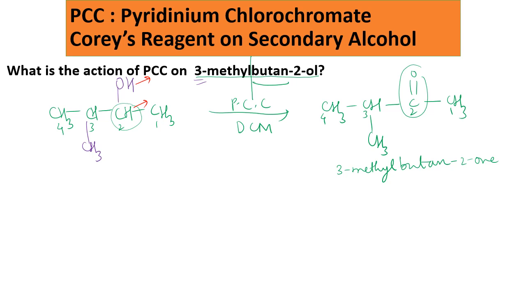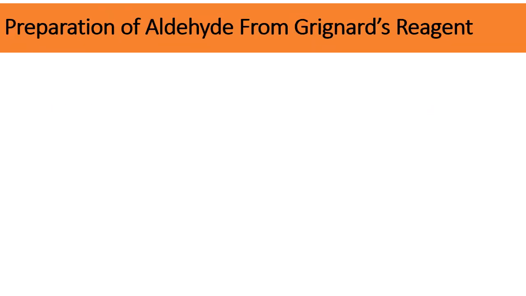Now we are going to look into the third method for the preparation of aldehydes and then ketones, and that is by using Grignard reagent. You already know about Grignard reagent. The reagent is generally represented as RMgX, where R is an alkyl or aryl group.